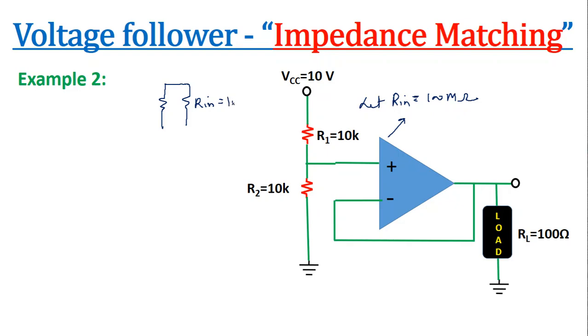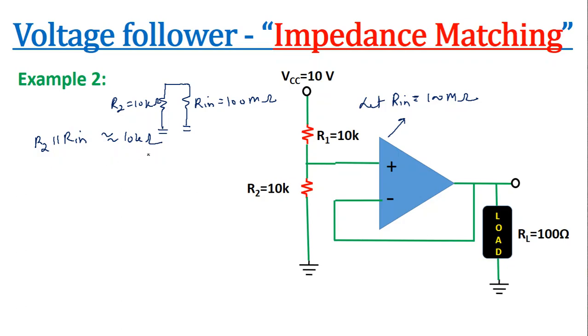Rin is 100 mega ohm and R2 is 10 kilo ohm. So when we solve the parallel combination of this R2 and Rin, it is approximately equal to 10 kilo ohm.